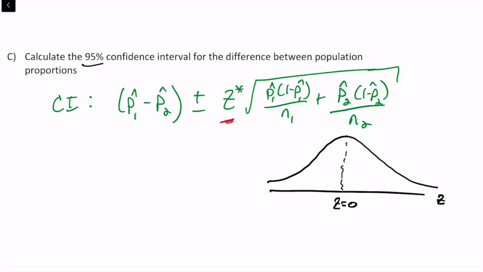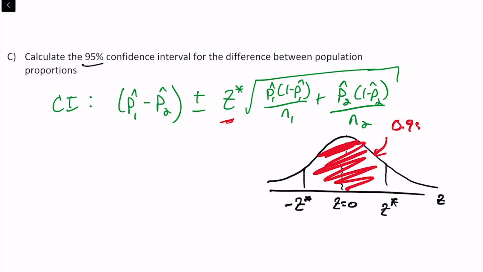These are all Z scores. We have a negative Z critical and a positive Z critical, and the area between those two is precisely our confidence level, which means there is 5% that's not shaded. Divide that by 2 and we get 0.025, and for the same reasoning we get 0.025 over here.